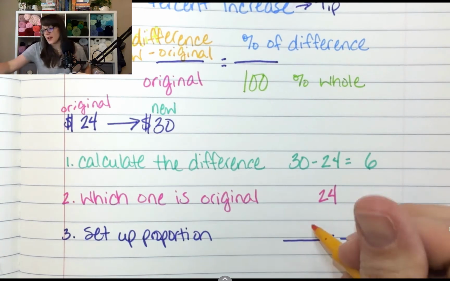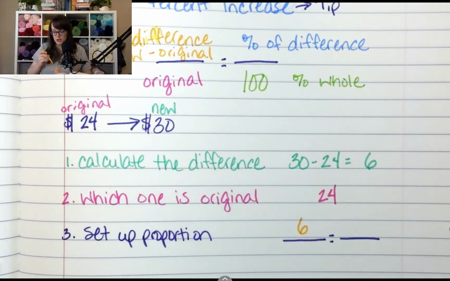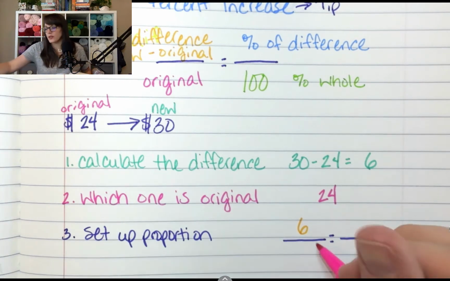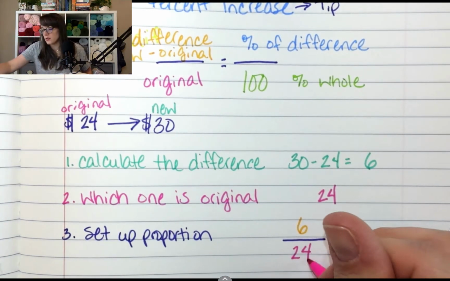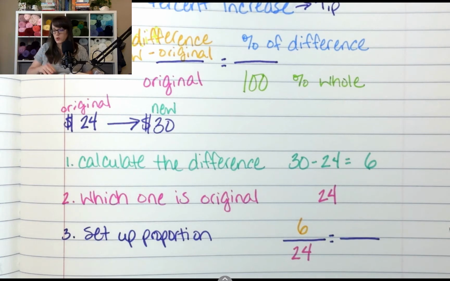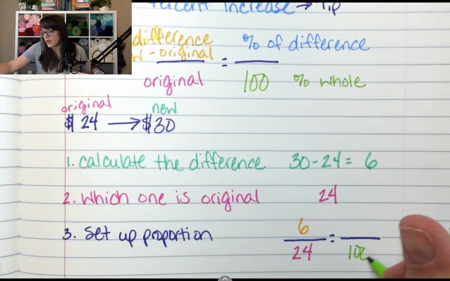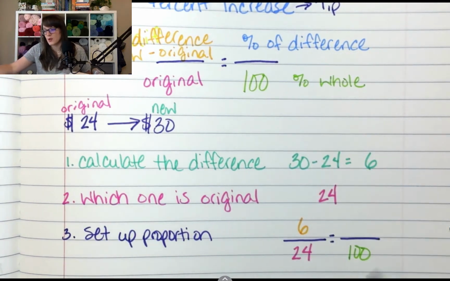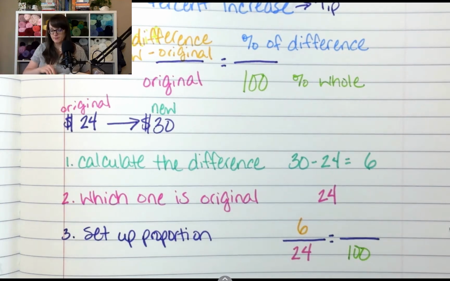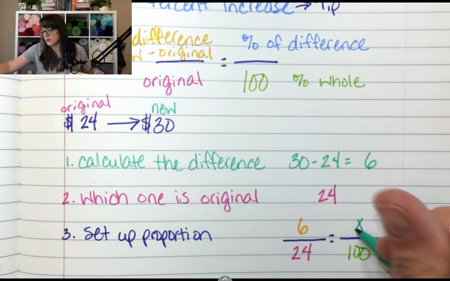It was 6. That goes here. How much was the original? 24. It goes here. What goes in the bottom right? 100. Because we're talking about percents. And then what's going to go in this missing spot? That's my X. That's the one I don't know.